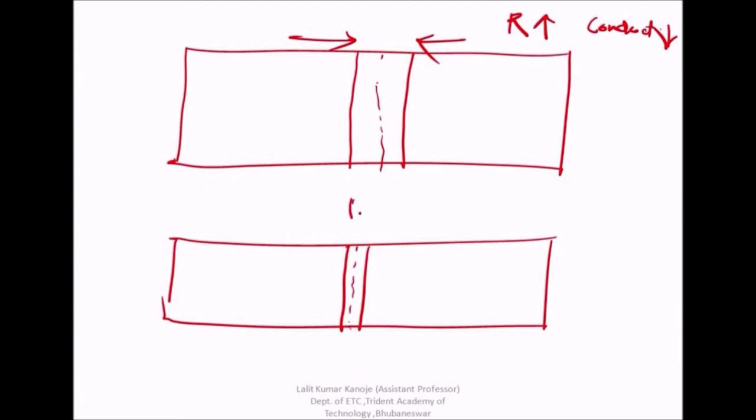If the resistance is less, the conduction will increase or not? So in the no bias condition, there will be a very high resistance at the junction. But in case of forward bias condition, there will be a very low resistance at the junction, right?